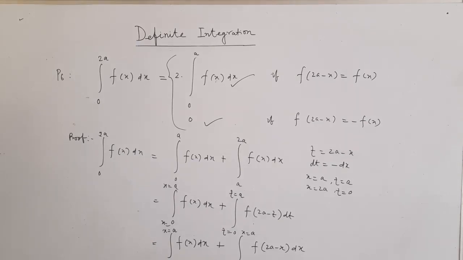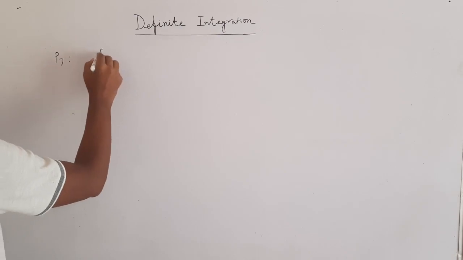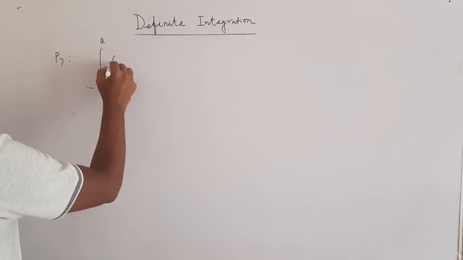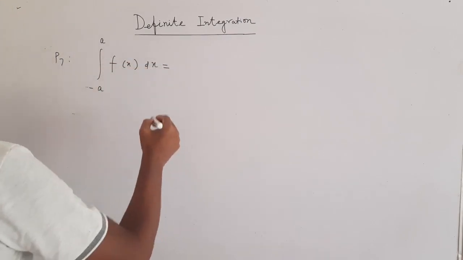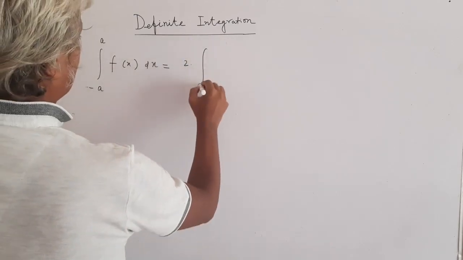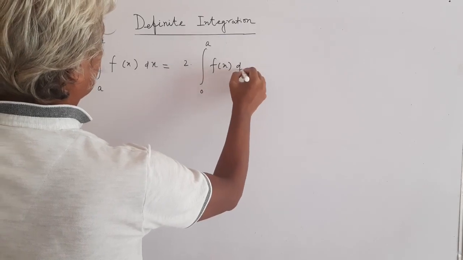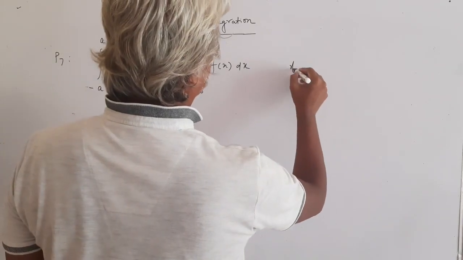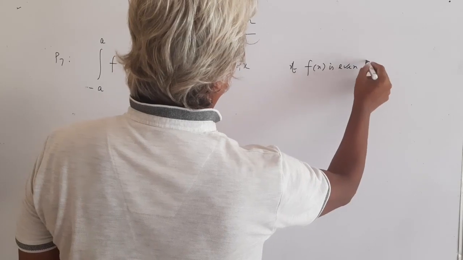Got it? So now I go to property number 7. Property 7, this is P7. It goes, the integration from minus a to a of f(x) dx equals 2 times the integration from 0 to a of f(x) dx, if f(x) is an even function.